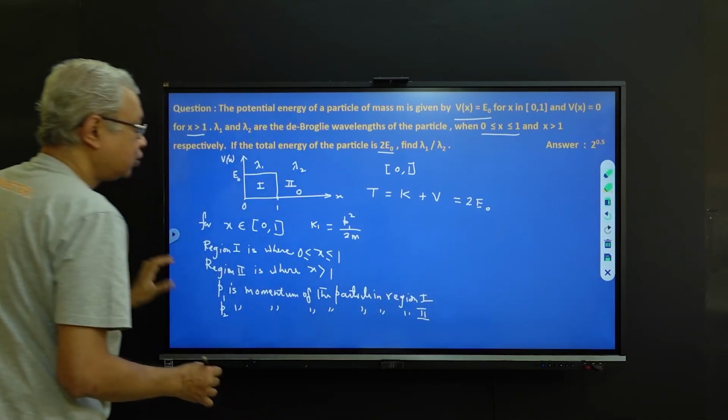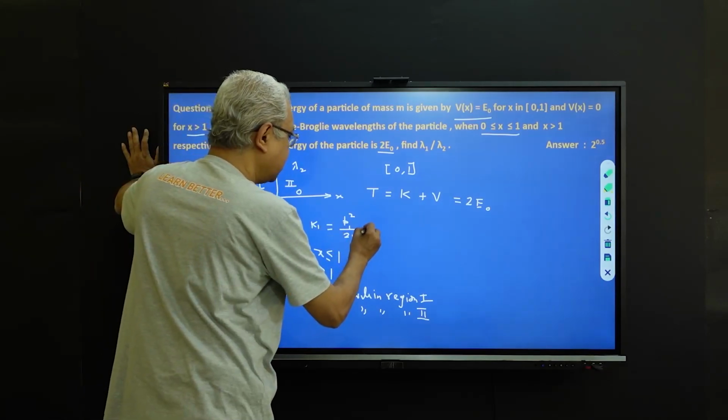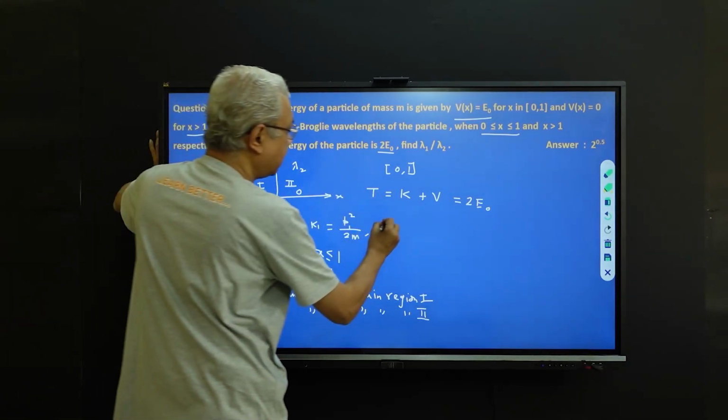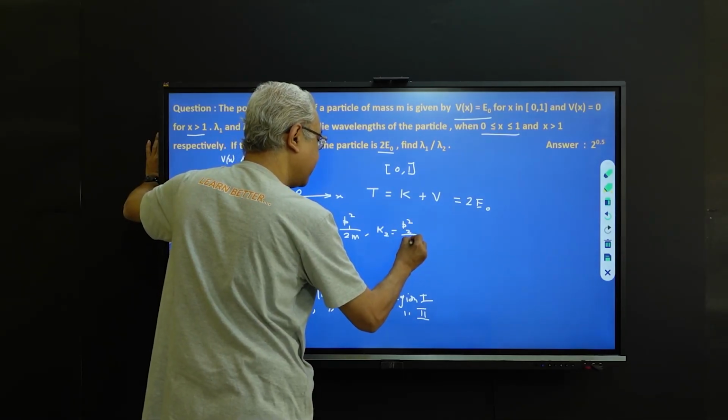Simple. So P1 square by 2m is the kinetic energy, and similarly the kinetic energy of the particle in region 2 is nothing but P2 square by 2m.